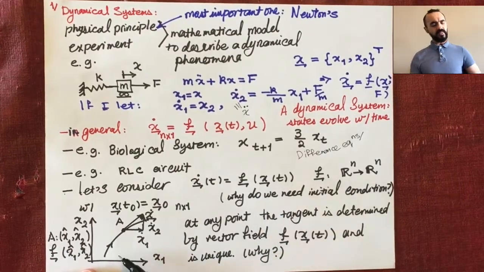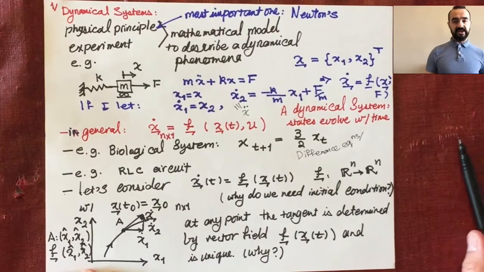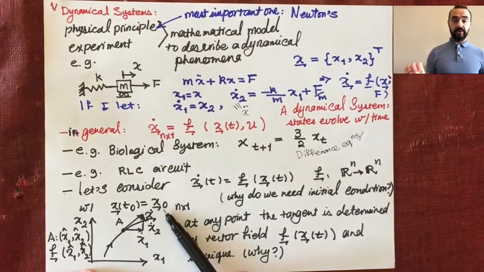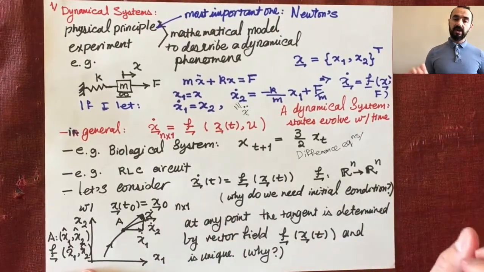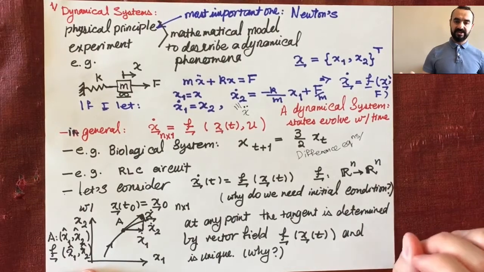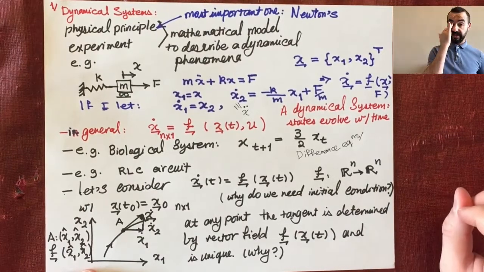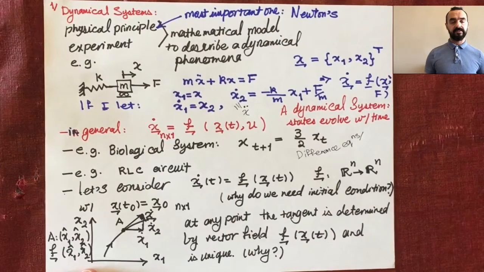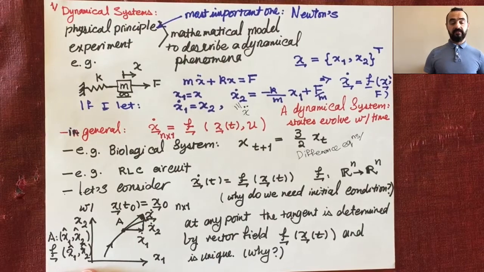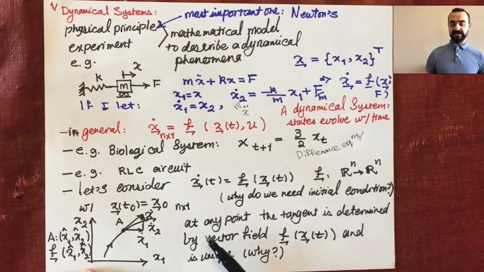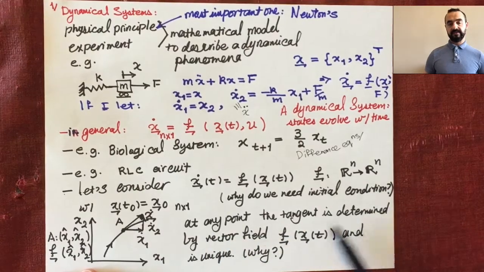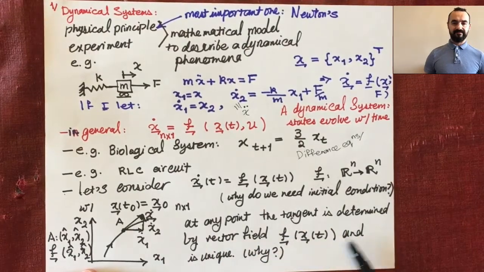Now, this tangent is unique. You cannot have two tangents to the solution of your dynamical system at one point. Agreed? Because at any point, the tangent is determined by the vector field.